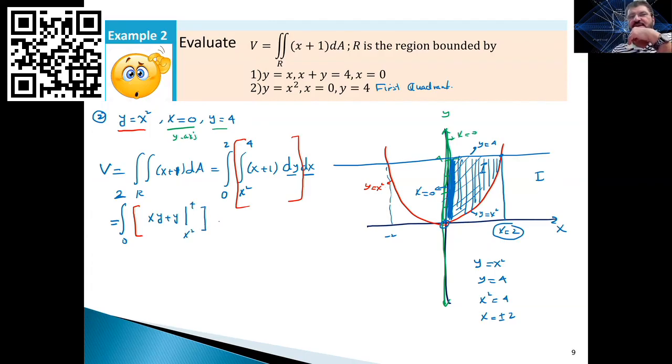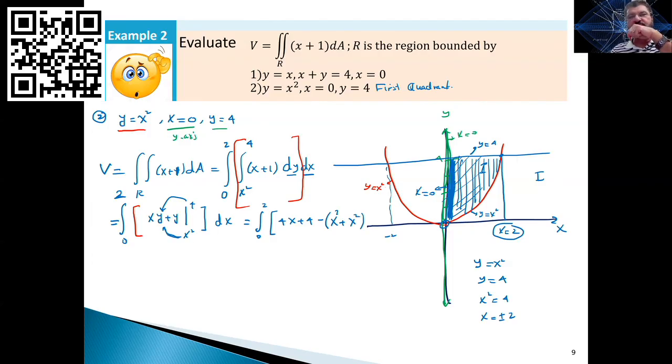We close the box and we say dx, which is equal to the integration from 0 to 2. Open the box. Now put the 4 for y, guys. We are talking about y now. So this is 4x plus 4 minus, now we put x squared here. So what do you get? x cubed plus x squared.